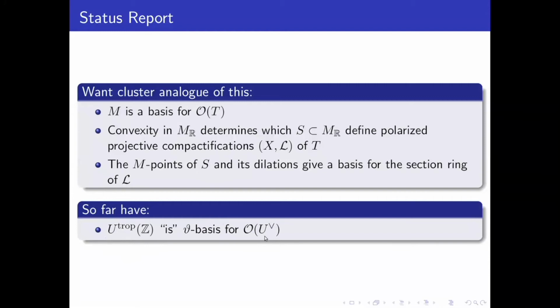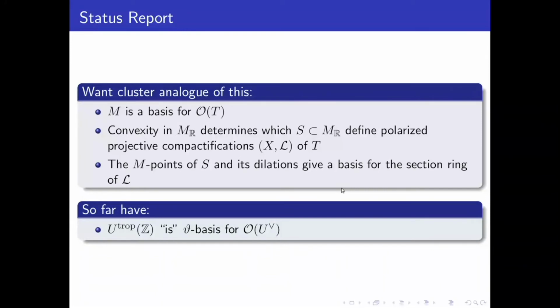So from here, what we want is ideally some convexity notion in U trop R that will let us identify when a subset of U trop R defines some polarized projective compactification of the mirror U check.